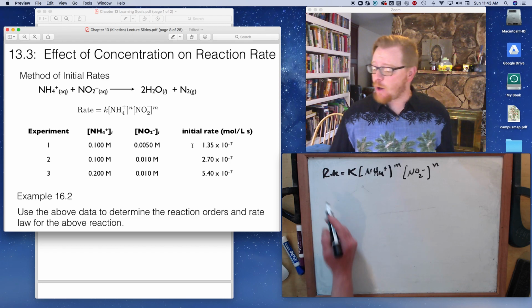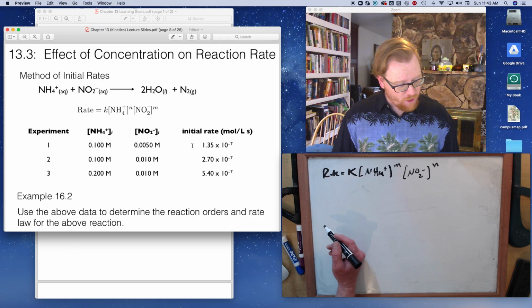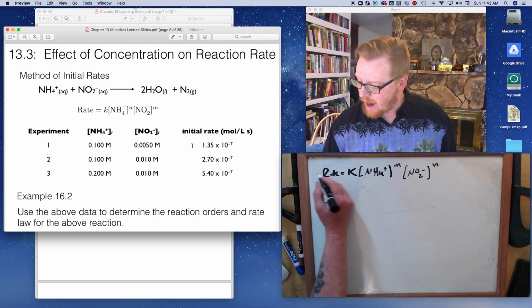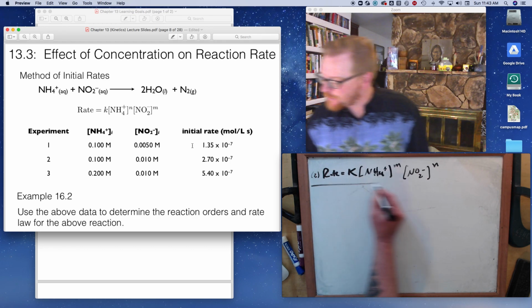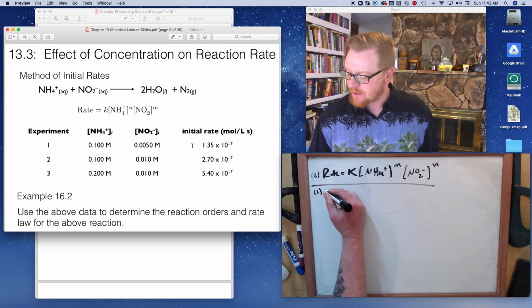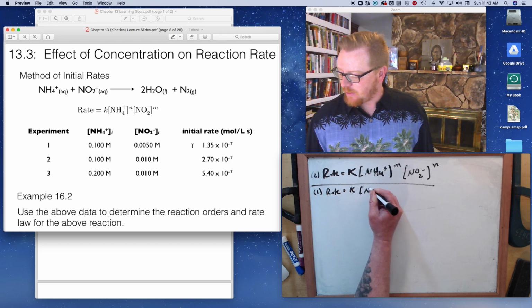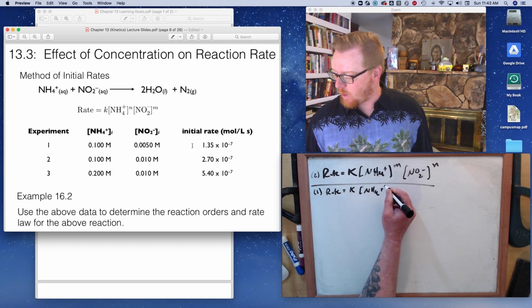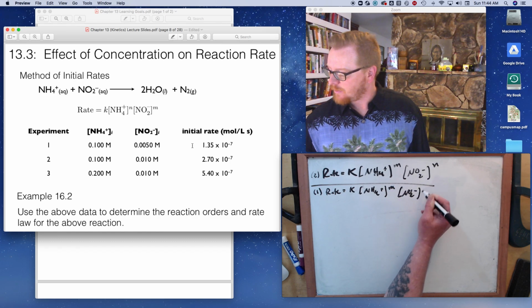I'm going to set up a ratio of equations. I'm going to divide one equation, and I'm going to pick number 2, and I'm going to divide that whole equation by number 1. And the reason I'm going to do that is because I want to attempt to eliminate variables.